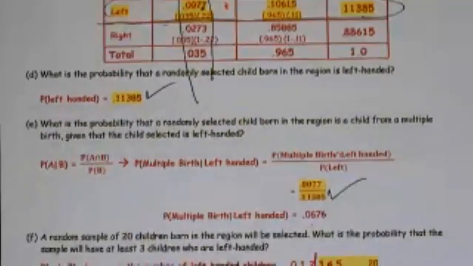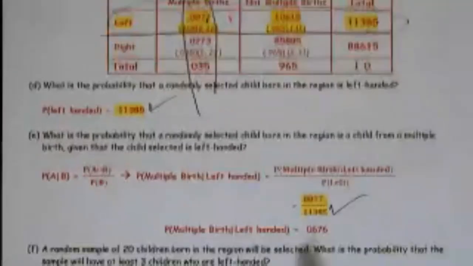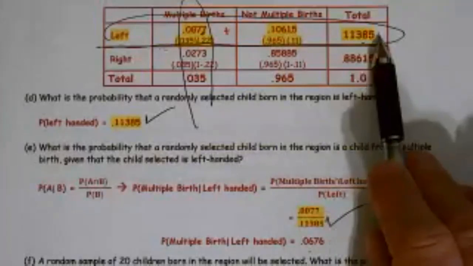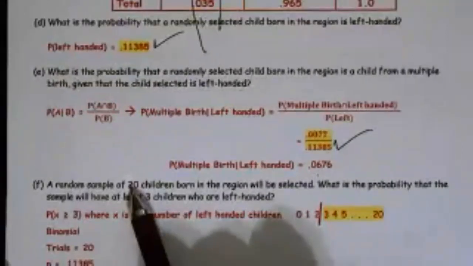Finally, a random sample of 20 children born in the region will be selected. What's the probability that the sample will have at least 3 children who are left-handed? Oh, wow. So we have a probability of being left-handed. That's a fixed probability, and we have a fixed number of trials. This tells me I'm working with a binomial.